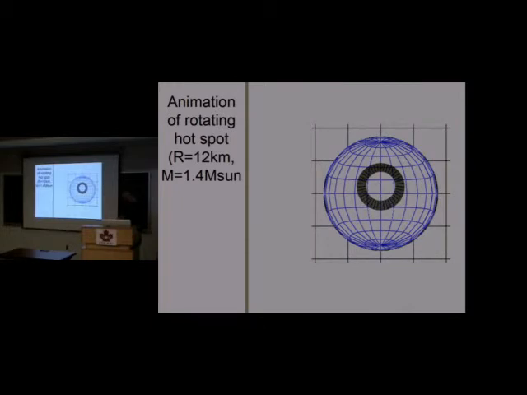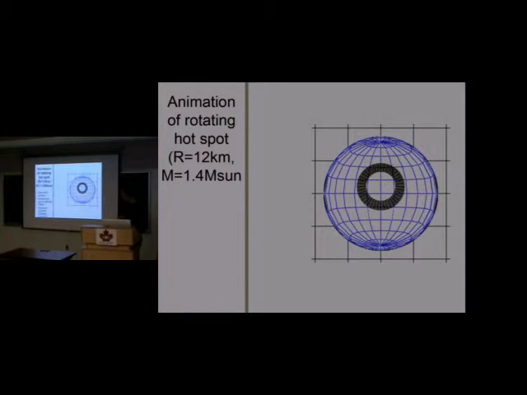Okay. So this is taking a 12-kilometer neutron star, 1.4 solar masses, putting a grid on it with 18-degree squares. So there's the pole, and you can see about 25 degrees beyond the pole on both sides, and the same on these limbs. And if you just move the spot around, okay, so the center of the spot is at 15 degrees.